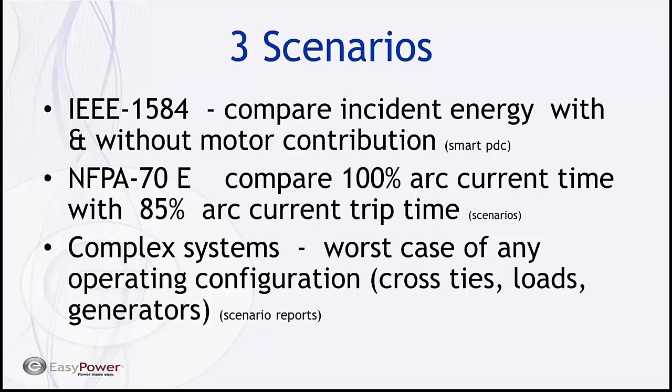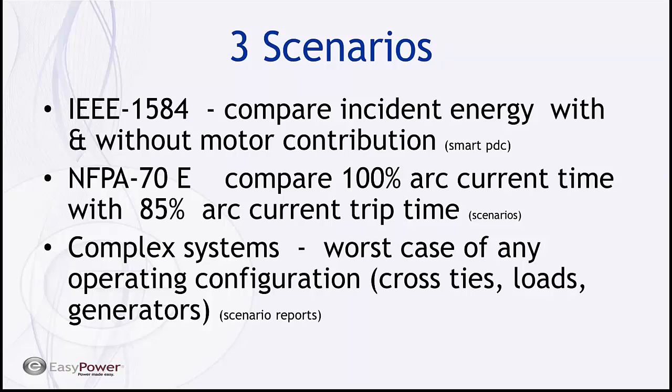So as I mentioned, there are basically three scenarios that are suggested or required, depending upon the document. Two specifics are included in IEEE 1584 and NFPA-70E. 1584 says it's required to compare the incident energy in your system with and without motor contributions to determine the worst case scenario between those two events.